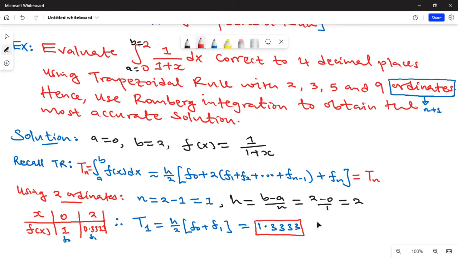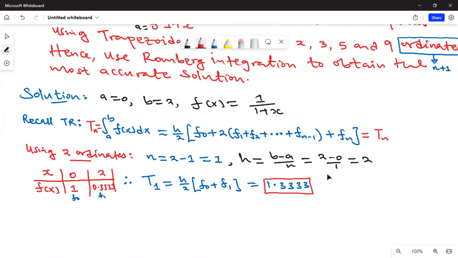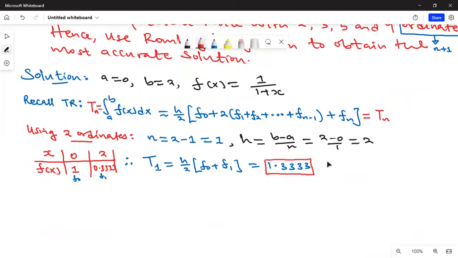Let's see, what if we use 3 ordinates? What are we going to get as our approximate value of the integral? So you can write here, using 3 ordinates. What does it mean?